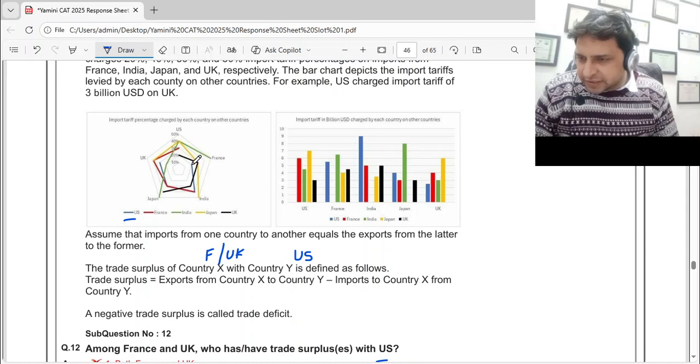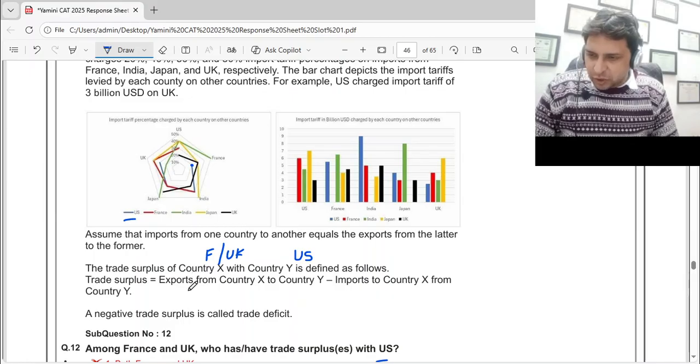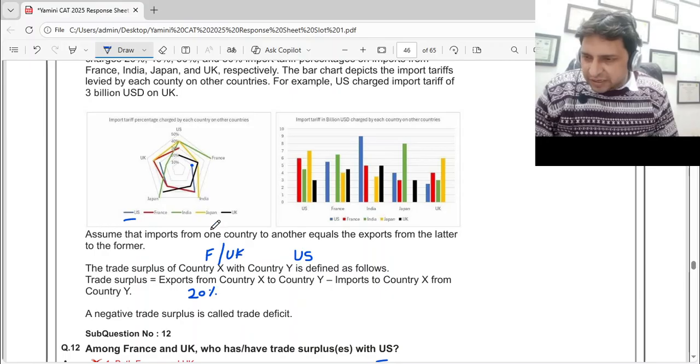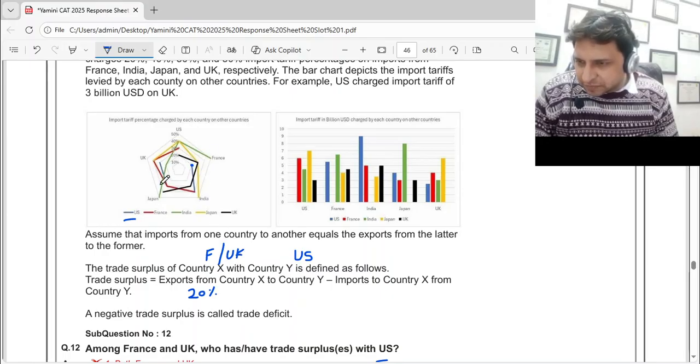The US line is here. So from France, they are having 20%. Now 20% from France, and from UK, this is UK, 30%, 10, 20, 30.